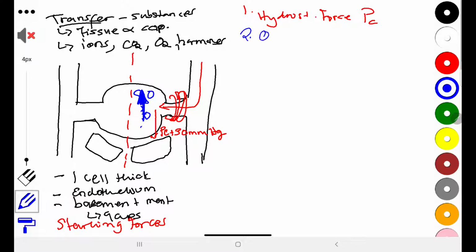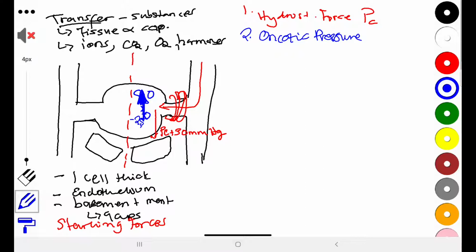So number 2, you have an oncotic pressure, which is the osmotic pull because of the proteins that are inside. So they are pulling in water or fluid to them. So this is also about, let's call it negative 25. Negative 25 because it's pulling water back. So it's got this negative effect, because what we want to do is to push things to the tissue. So if it's not pushing things to the tissue, then it's got a negative effect.